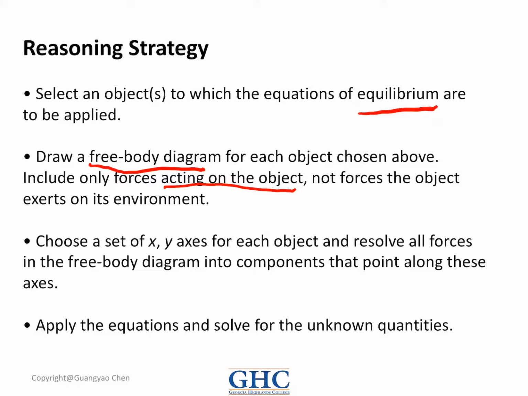Then you need to set up your coordinate system, your x and y axis, and then you find all the components of the force in the x direction, all the components of force in the y direction, and then you have 2 equations. You have net force in x direction equals 0, net force in y direction equals 0. Then you solve for any unknown quantity from those 2 equations.